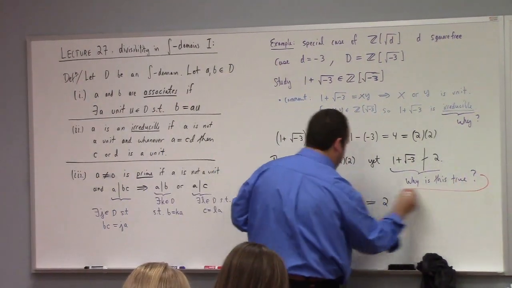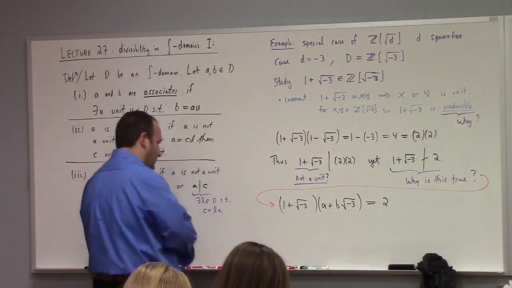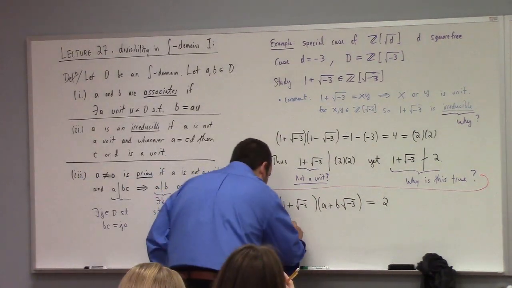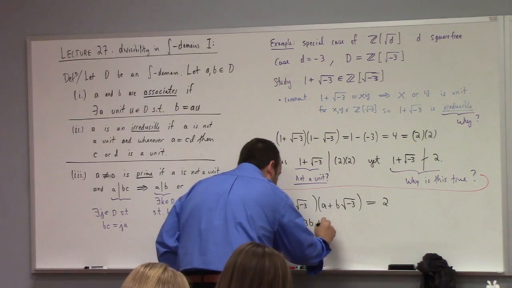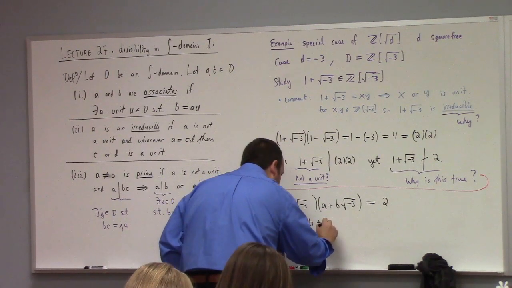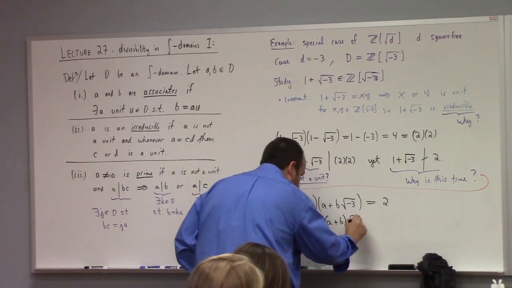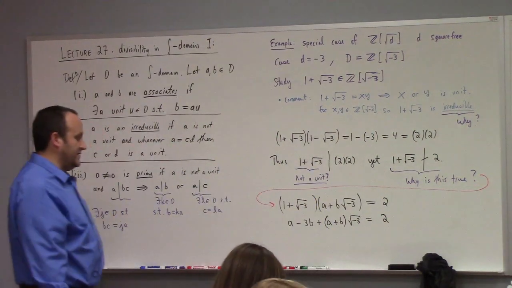So we're begging this question, okay? What does that mean? That means that a minus 3b plus, let's see here, a plus b times the square root of minus 3 is equal to 2. Can we solve these equations?